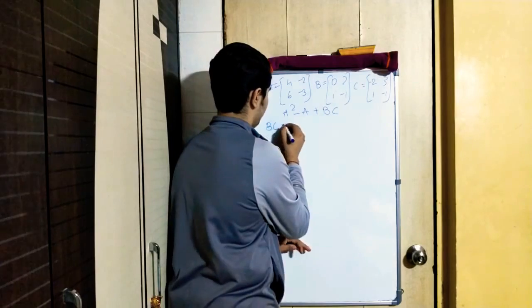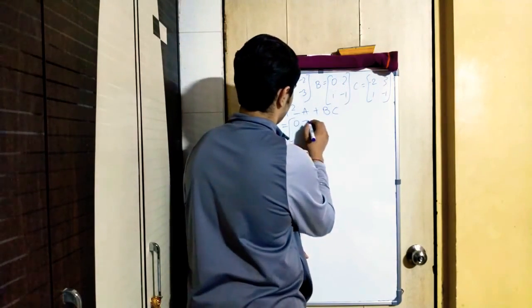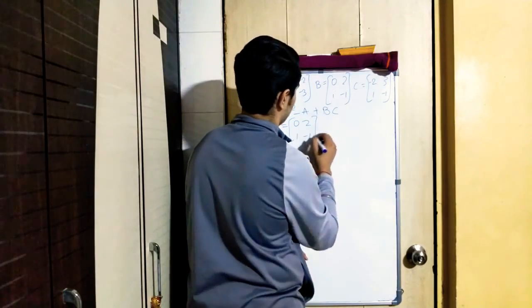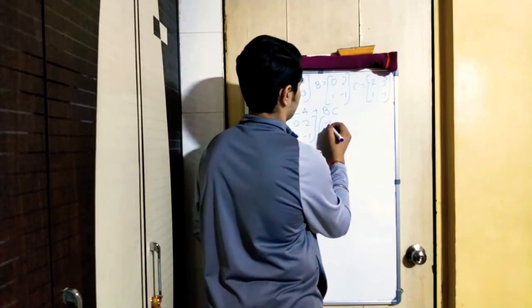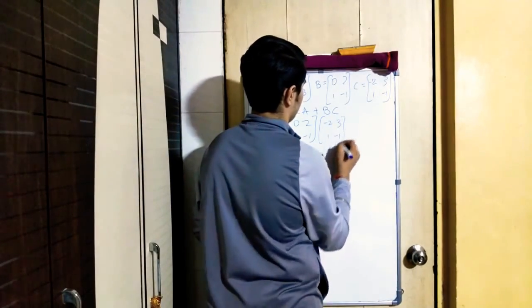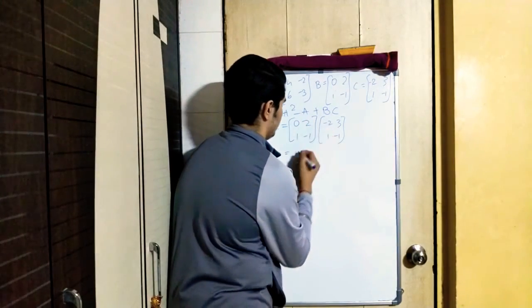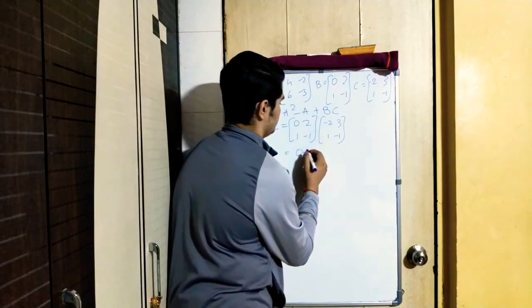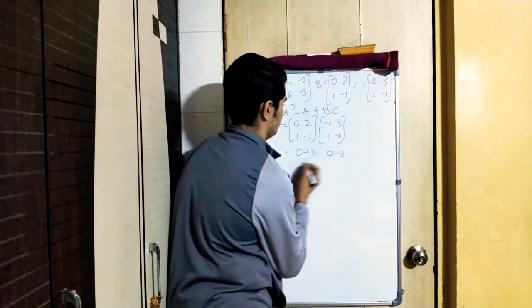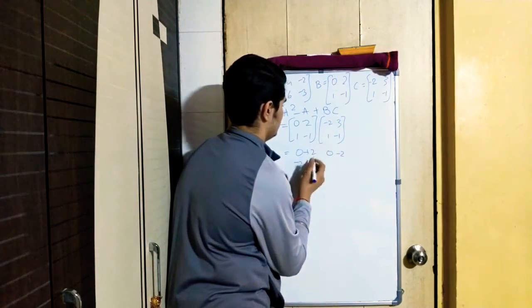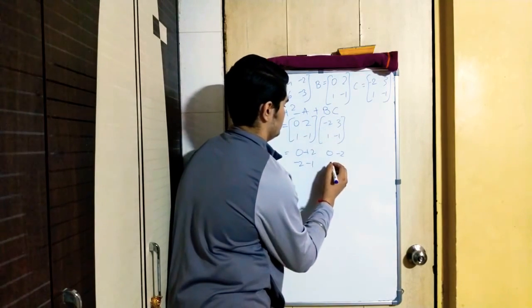Now we find BC. [0, 2; 1, -1] into [-2, 3; 1, -1]. So BC we get here as 0 into minus 2 is 0. 2 into 1 is 2, plus 2. 0 into 3 is 0. 2 into minus 1 is minus 2. 1 into minus 2 is minus 2. Minus 1 into 1 is minus 1. 1 into 3 is 3.